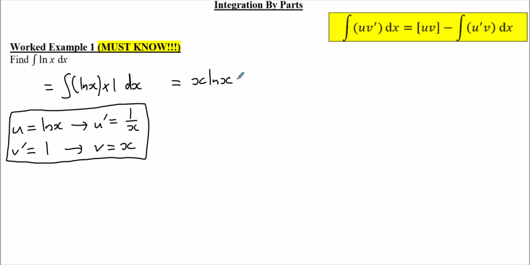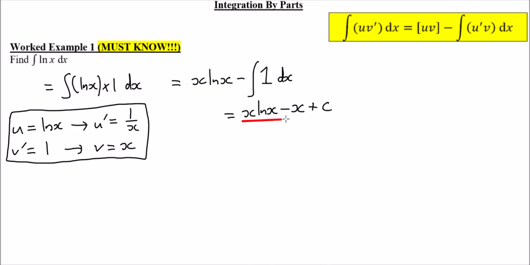Then I'm going to subtract the integral of u dashed, which is 1 over x, multiplied by v. Now u dashed multiplied by v is 1 over x multiplied by x, which just becomes 1, because the x's cancel. So we're going to have x ln x minus the integral of 1. 1 integrates to just x, then remembering the constant of integration, plus c, and we're done.